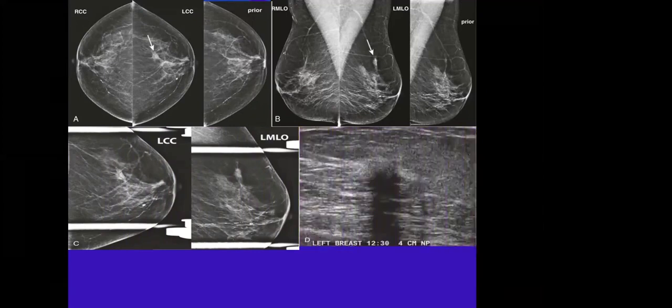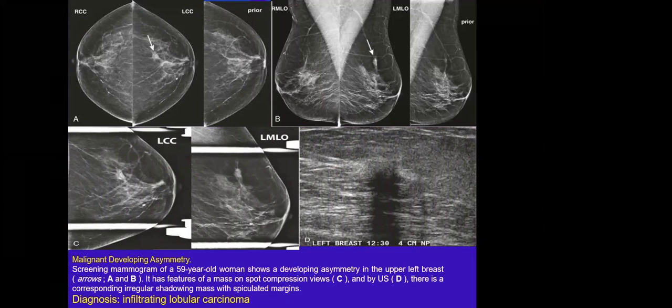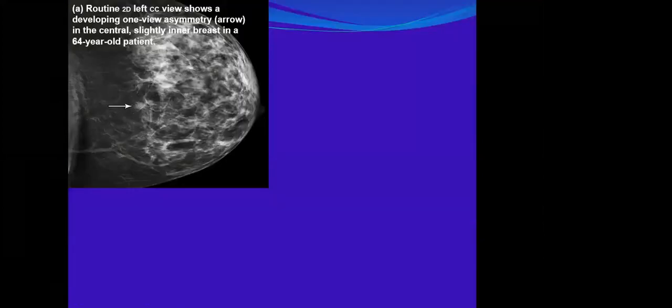Spot compression, to confirm the developing asymmetry. So next, ultrasound. Ultrasound demonstrates a spiculated mass. Okay, so next, biopsy. And it revealed infiltrating lobular carcinoma.